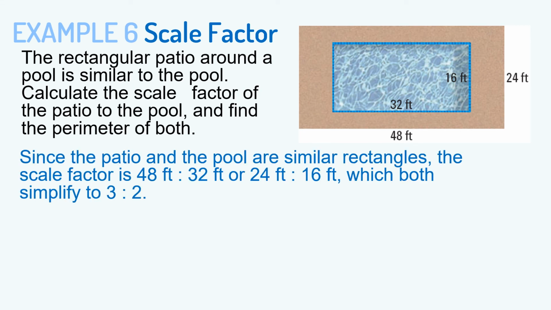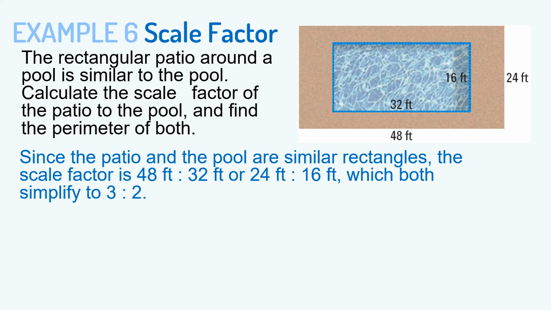So in here we have the following, guys. Since the patio and the pool are similar rectangles, we can use the scale factor comparing the length of both the patio and the swimming pool, or the width of the patio and the swimming pool. So we compare the length of both.